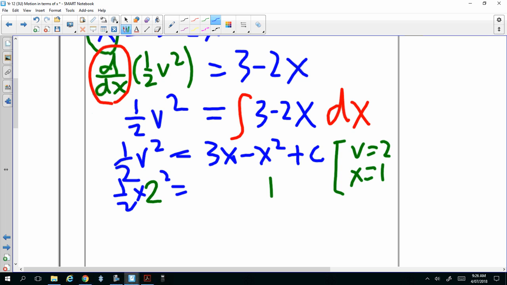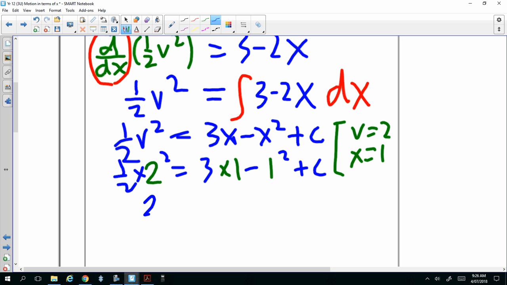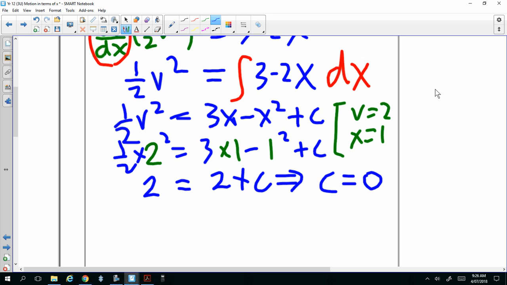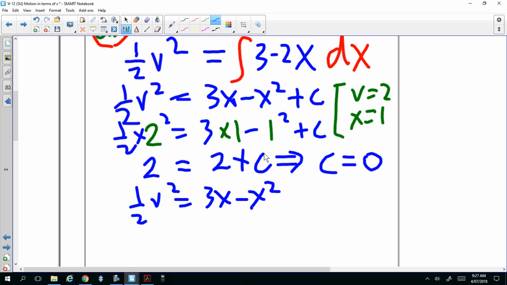So now you have to work out what c is. Half of 2 squared is 2. So c is 0. And you can update your formula. So half v squared equals 3x minus x squared, c is 0, times everything by 2, gives you v squared in terms of x. So it's quite convenient.